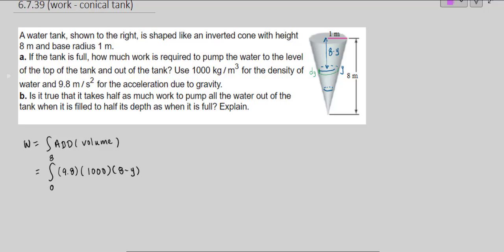So we are going to want to find the equation of this line right here. Well, this point down here is the origin, and we can imagine this point up here being 1, 8. And so the equation of that line is going to be y equals, we go up 8 over 1, so the slope is 8, so that's 8x.